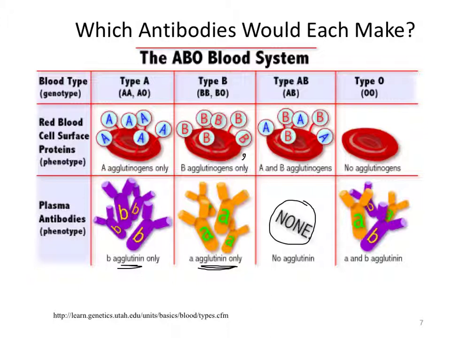If you are type O, that means your genotype is ii, you don't put any A or B antigens on the surface of your red blood cell. You've got this little naked looking red blood cell here. So that means that you will make both anti-A and anti-B antibodies in your system. Let's think about the implications of that from the point of view of blood transfusions.